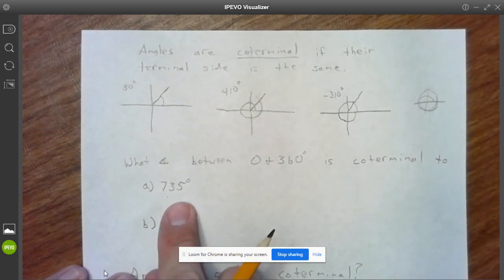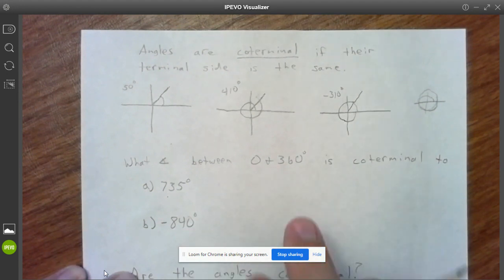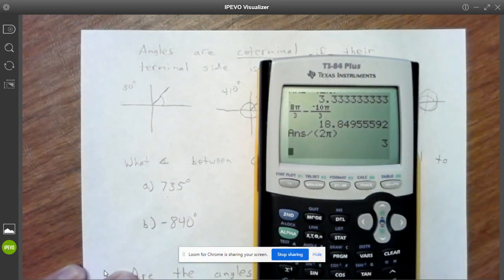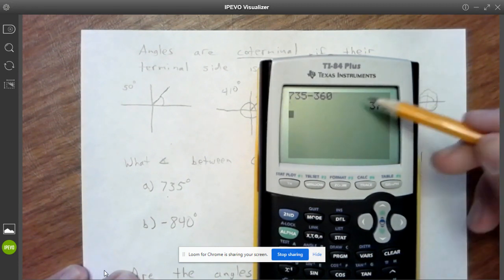All you're going to do is keep taking away 360 degrees until you get between 0 and 360. So I'm going to take our calculator here, and they're giving us 735, and we're just going to keep subtracting 360 until we get between 0 and 360.